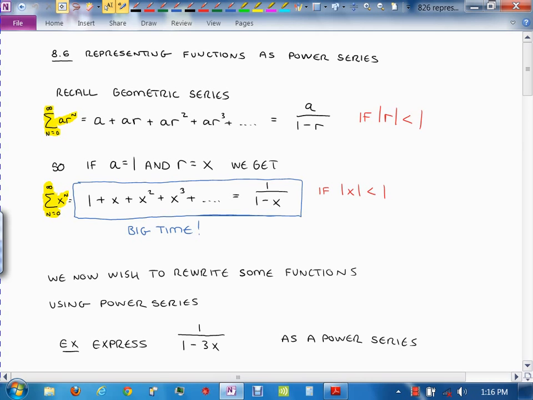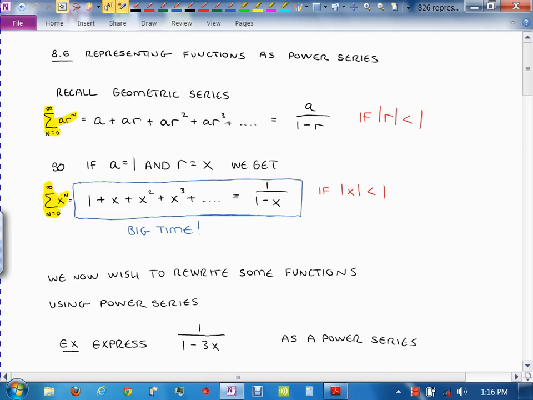So now what we want to do is take a function and write it out as a power series as opposed to just the function. The first thing I ask you to remember is the good old geometric series: a plus ar squared plus all that. We said that it converged to a over 1 minus r as long as the absolute value of r was less than 1.